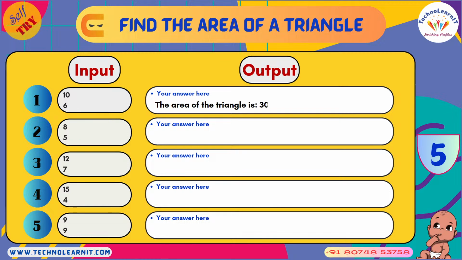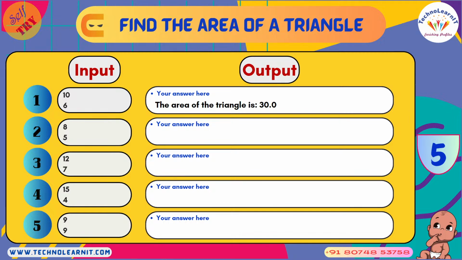So let us look at some examples. In the first case of input, the base is 10 and the height is 6. To compute the area of a triangle, you can use the formula half times base times height.